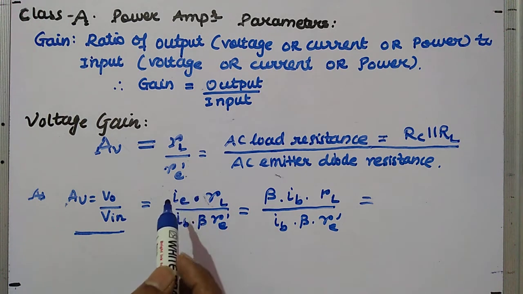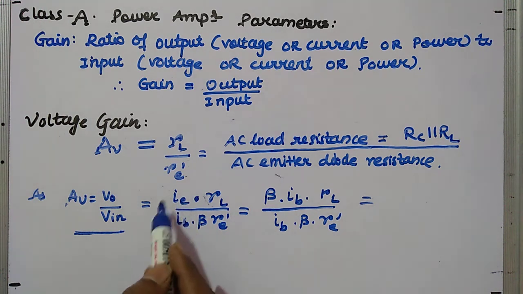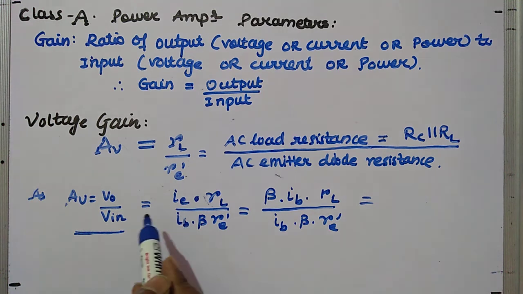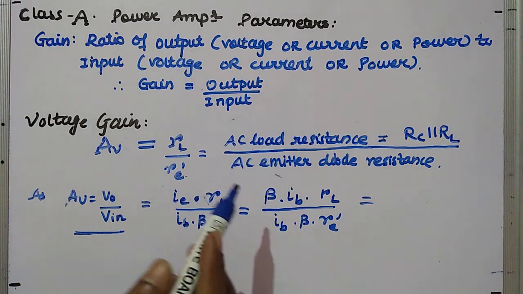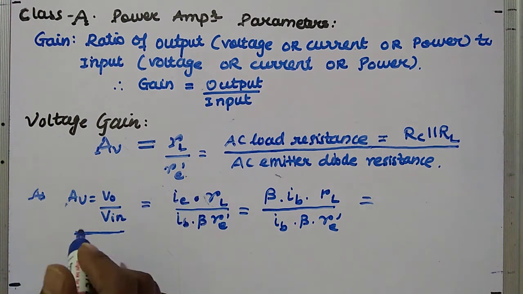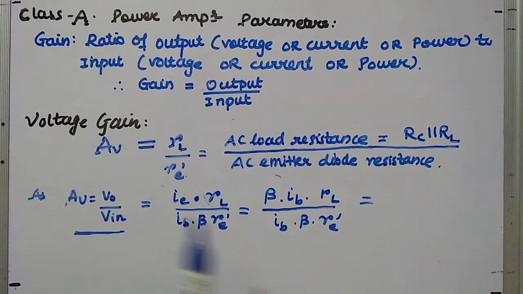Here one thing we have to observe is that we have used small letters to indicate the AC value. Why AC? Because we are amplifying the AC signal. Now I have simplified it: IE into load resistance.